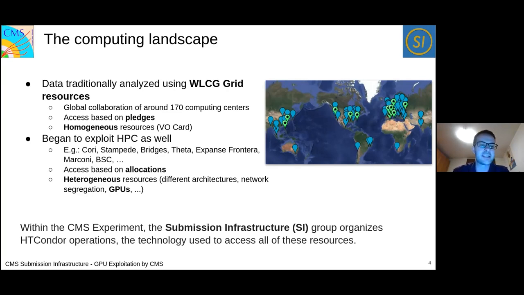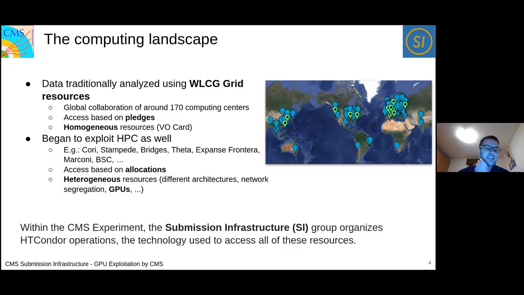You are assigned to those resources based on availability. And the other aspect of HPC is that these are heterogeneous resources. There are different architectures. There are sometimes resources that are network segregated. And of interest for this talk, there are many resources that have GPUs available.